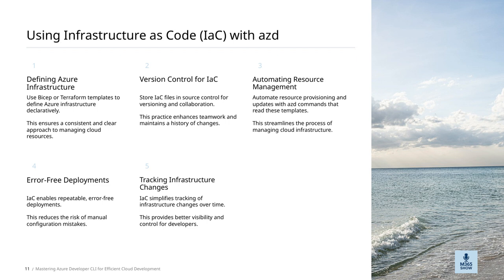Finally, defining your Azure infrastructure declaratively using Bicep or Terraform templates ensures a clear and consistent approach. This method helps you manage resources more predictably, making your cloud environment more stable and easier to maintain. Altogether, these practices with ISC and ASD empower you to develop and manage Azure resources more efficiently, reliably, and collaboratively.